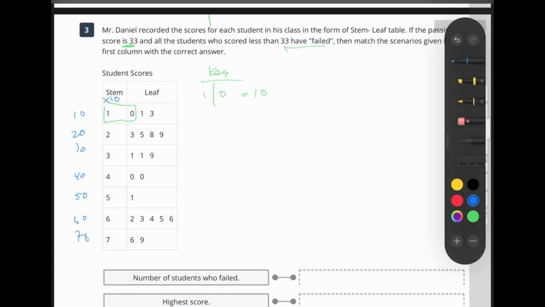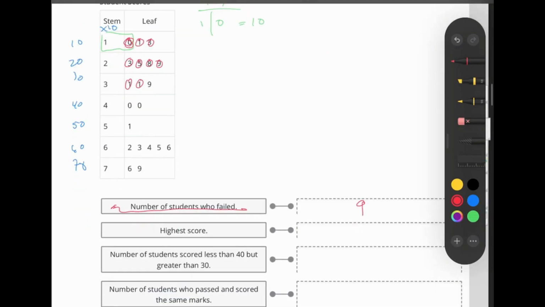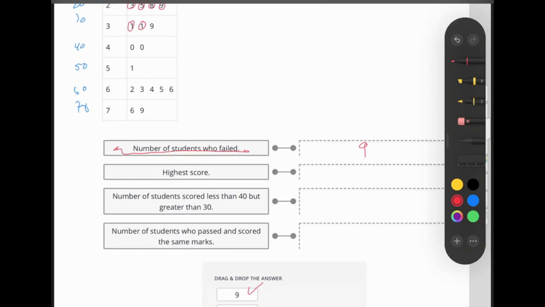Okay. So question, what is the number of students who failed? So we need a number less than 33. So I'm just going to count 1, 2, 3, 4, 5, 6, 7, 8, 9. 9 students who failed, and you have choices right there, right?